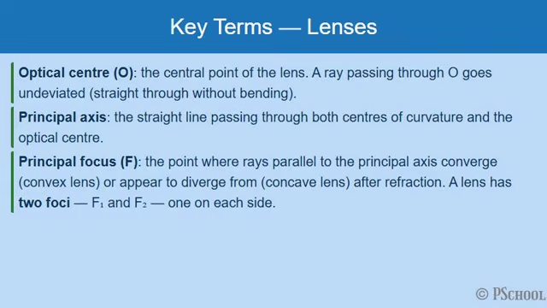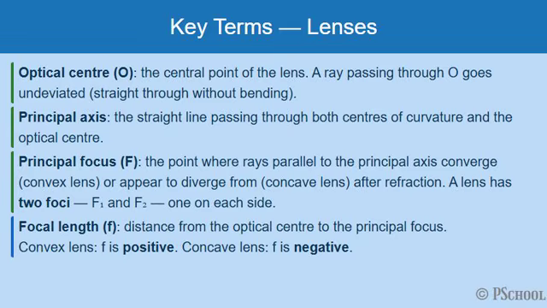A lens has two foci, f1 on the side of the incoming light, and f2 on the other side. The focal length f is the distance from the optical center to the principal focus. For a convex lens, f is positive. For a concave lens, f is negative.